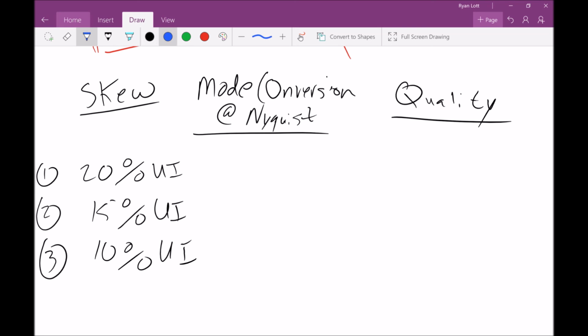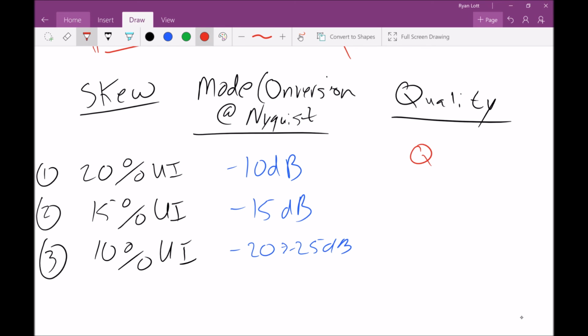At your Nyquist in this lossless ideal situation, you can expect your mode conversion values in the first case to be around minus 10 dB at the Nyquist, second case around minus 15 dB, and in the third category around minus 20 to, let's say, minus 25 dB. So I would say that the first is okay, this is good, and the last one is great.